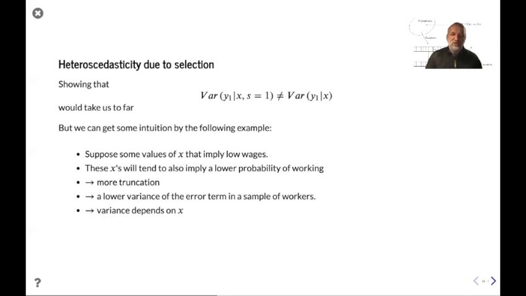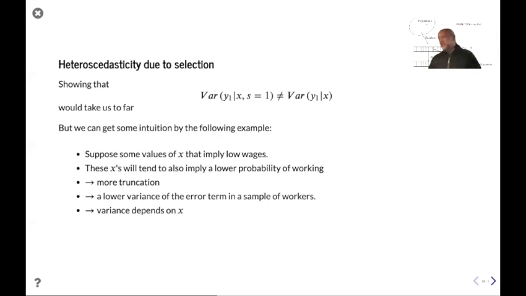Okay, so these X's would tend to imply a lower probability of working, right? You don't participate in the labor market if you get lower wages, right? That means more truncation, or more people are not selected. And then that implies a lower variance of the error term in the sample of workers, in the sense that these guys are more homogeneous now, and we don't have all these people who are not working, so they have a lower variance.